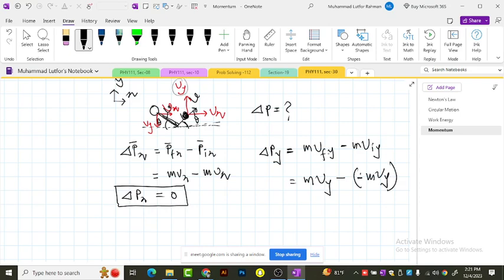Because the angles are the same and the magnitude is the same, this component and this component will also be the same, but the direction is different. The initial component is along the negative y direction, and the final component is along the positive y direction.